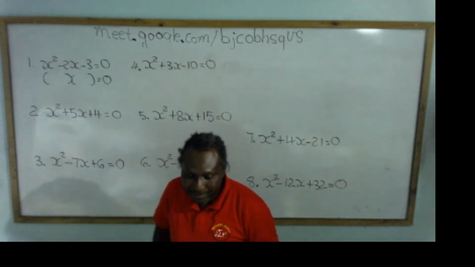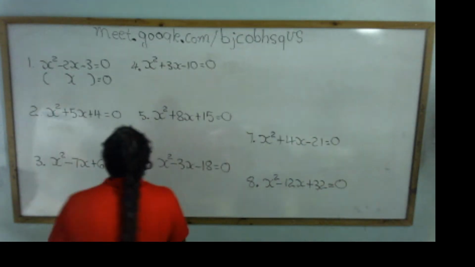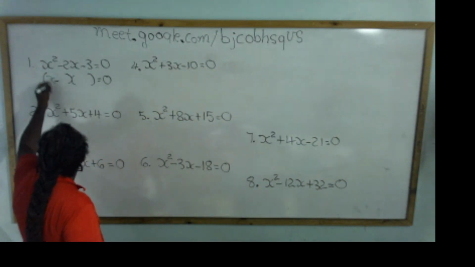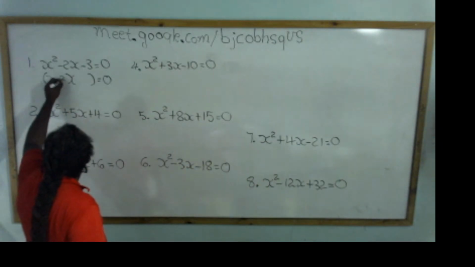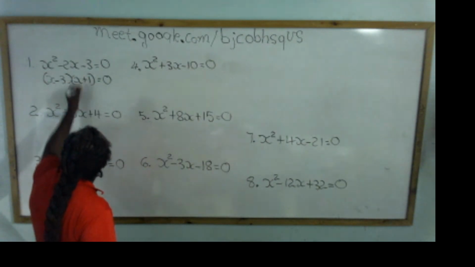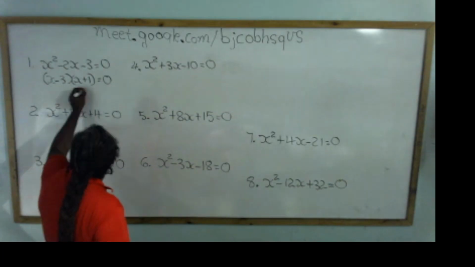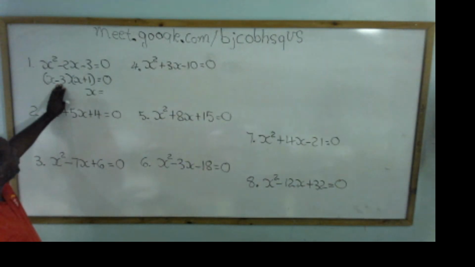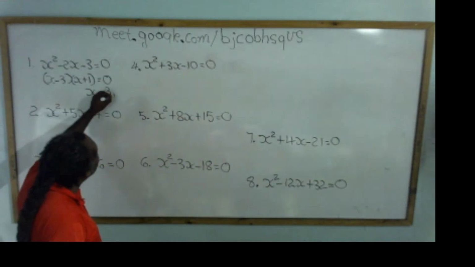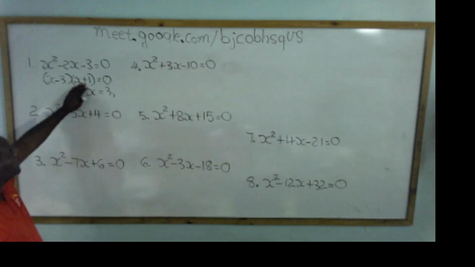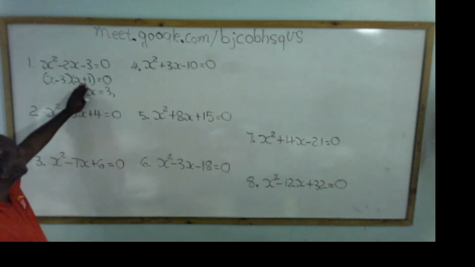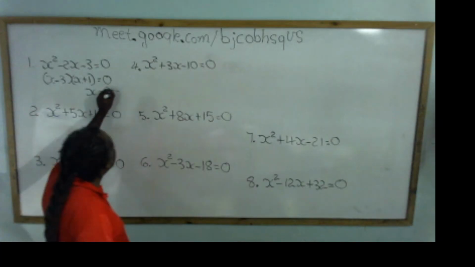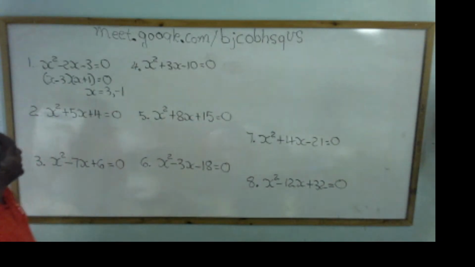Well, I'll supply the answer. So we are going to say x minus 3 is equal to 0. To eliminate this -3, we just add 3. So a +3 will go there. x plus 1 is equal to 0. To eliminate this +1, we subtract 1. x is equal to 3 and -1. Move merrily to the next one.